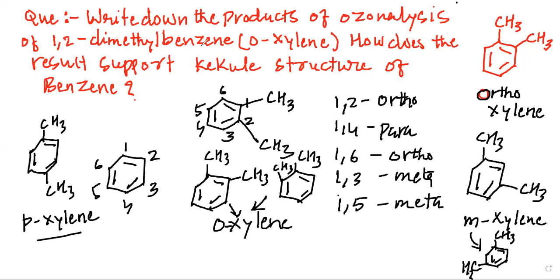Now let us move and understand about the ozonolysis. Please understand, my dear students, that if you have a C double bond C, we are not much worried about any other groups bonded to this carbon.